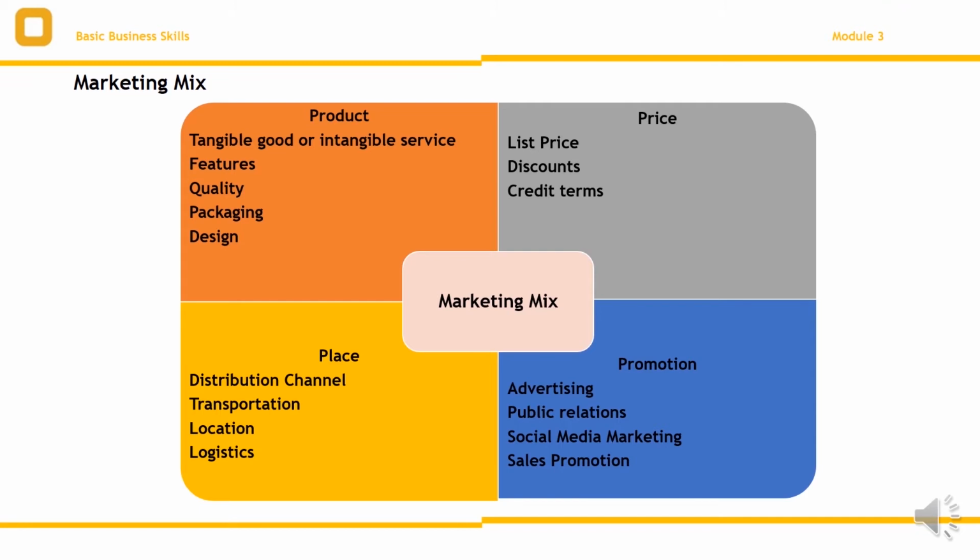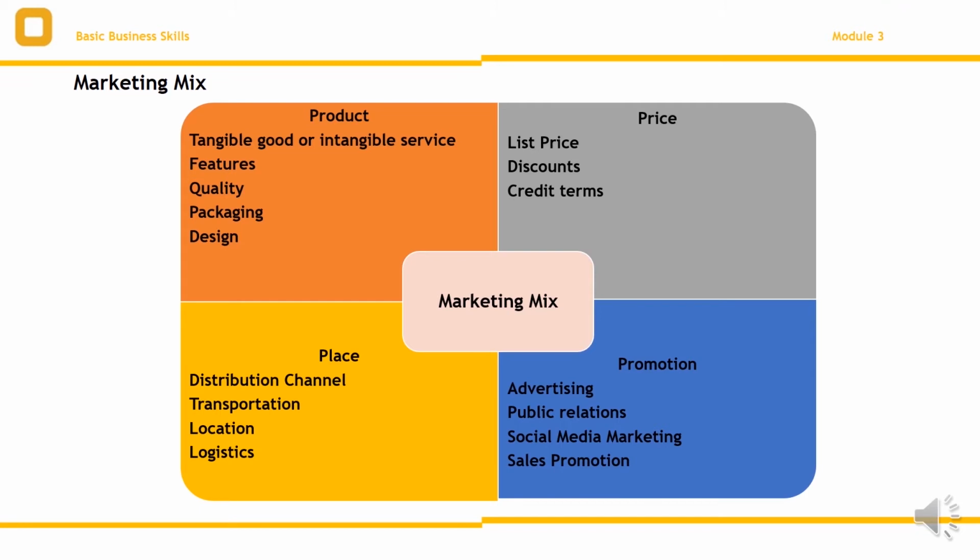You also need to further consider the type of transportation that you are going to be using to transport your product or your service. Remember, transportation is also going to be influenced by the type of product or service that you're providing. For example, if you are providing perishable products such as food, you are required to have refrigerated trucks to make sure that your product is not damaged while it's being transported.